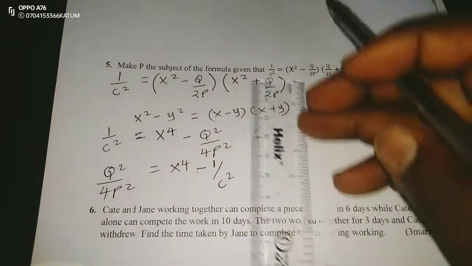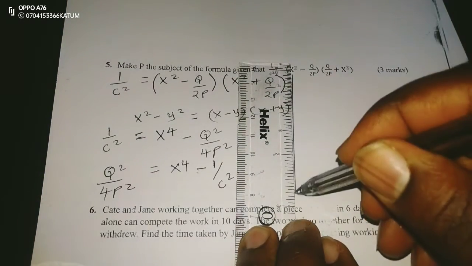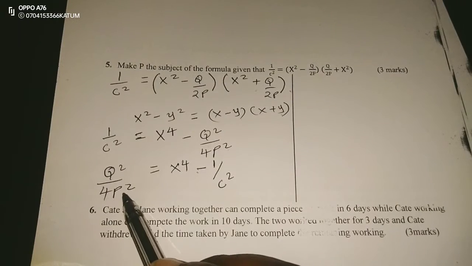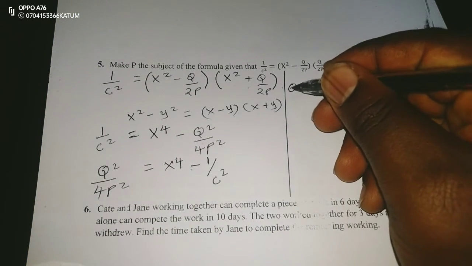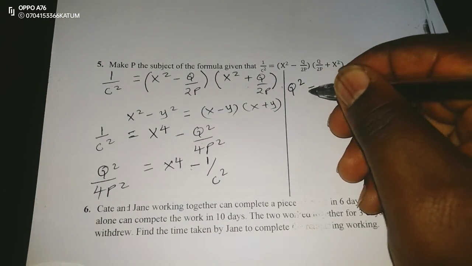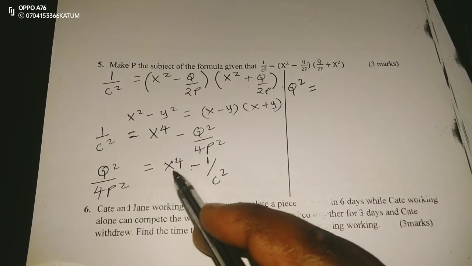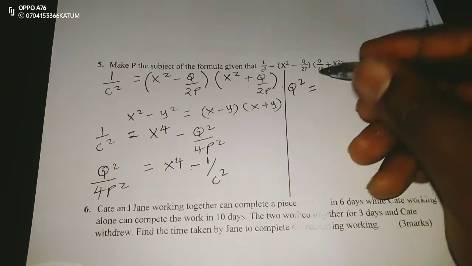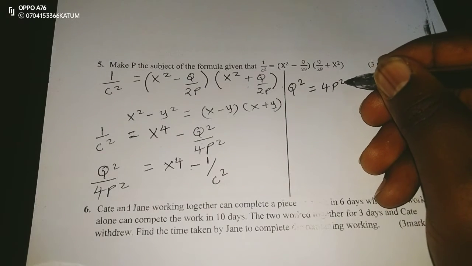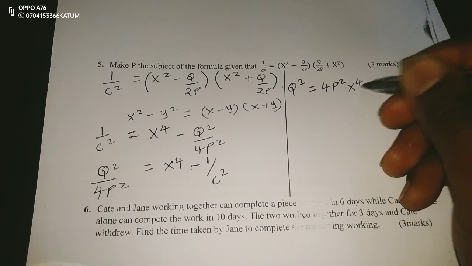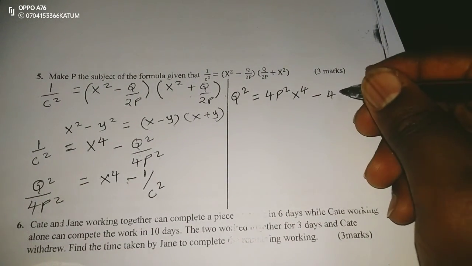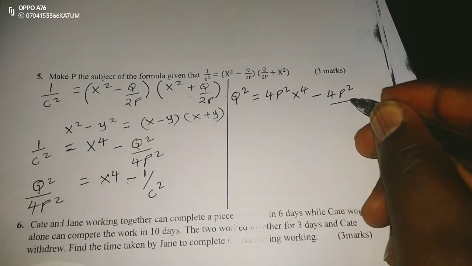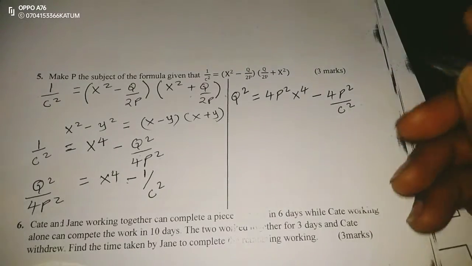Remember, we want to make p, so to remain with p, I can multiply by 4p squared all through, so that I remain with q squared. This is equal to 4p squared times x power 4 minus, we also multiply the other part with 4p squared, so 4p squared out of c squared.